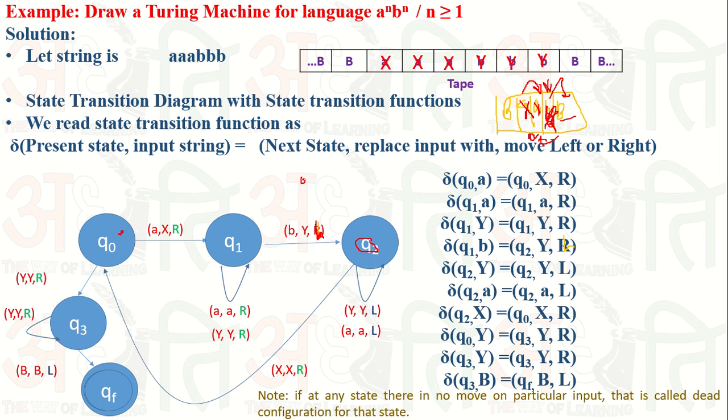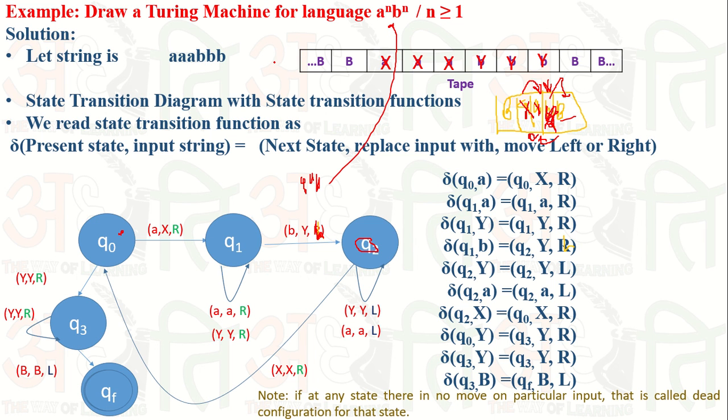So AAB is not in this particular language, because by tracing it we are not reaching the final state. This Turing machine always reaches the final state when the string is in this language.